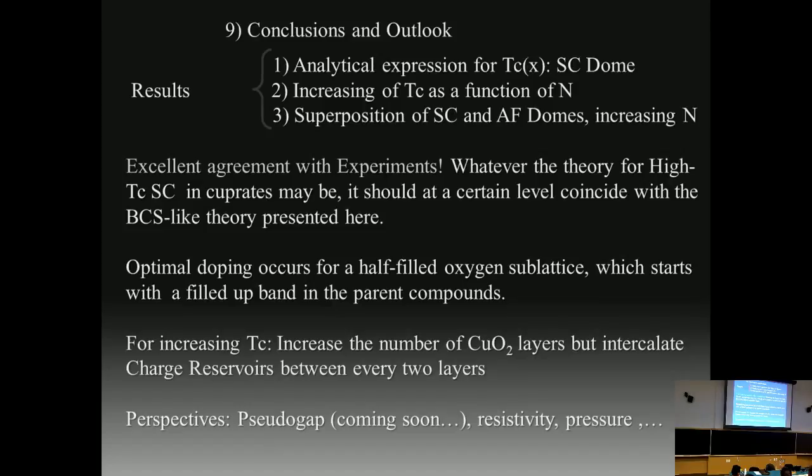There are many perspectives to be done after this work, like studying the pseudo gap. We are still on this, so soon we'll have some results. Then describing the resistivity in normal phase, pressure effects, and so on. Okay, so this is basically what I have.